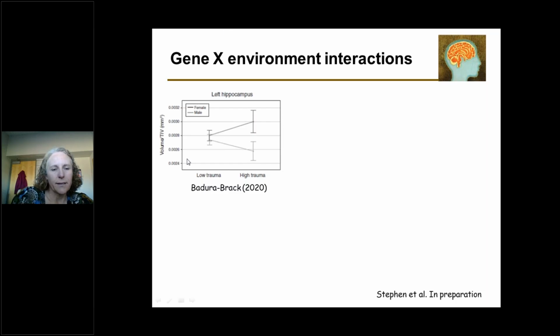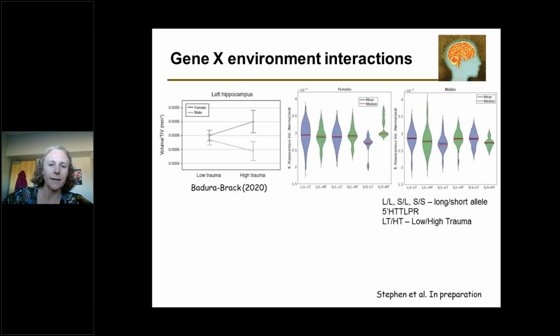This is a study that was published from the DevCog sample. This was an MRI study, but we did find that there were differences between males and females in the low trauma versus high trauma group. The reason that I wanted to present that is that we're now looking at differences in both hippocampal volume in combination with genetic history.